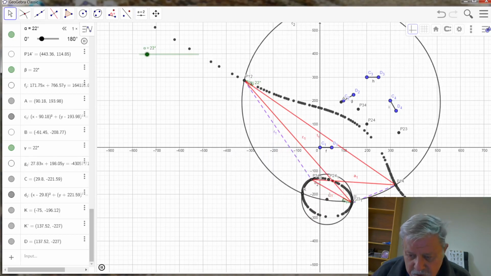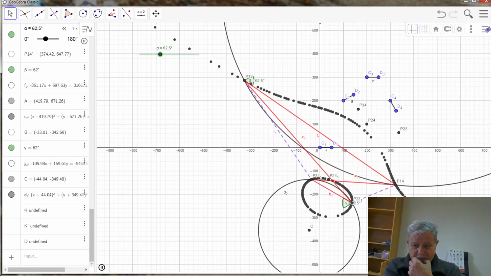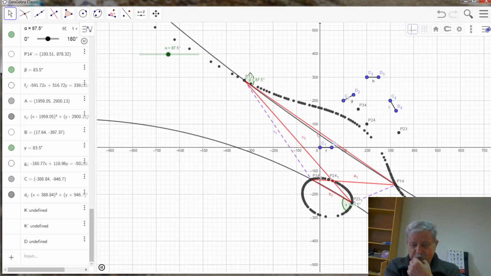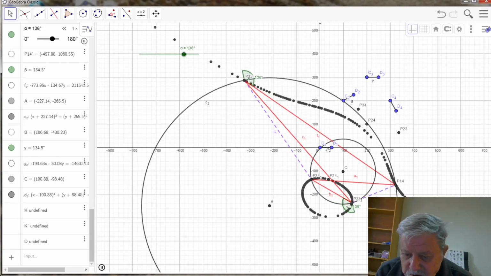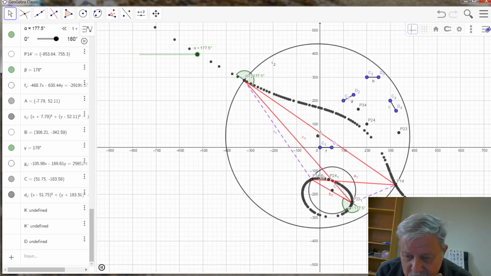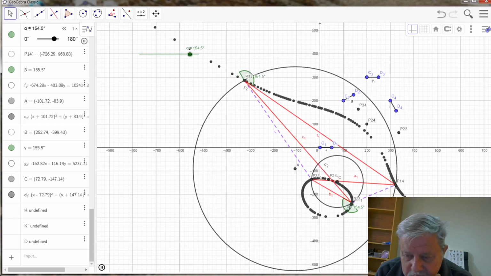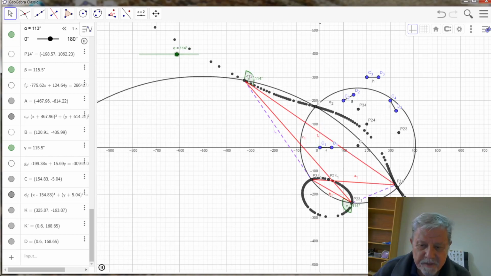Now this is the curve. As you go on, you obtain more points. Let me stop this.